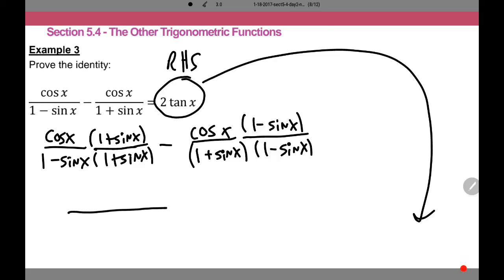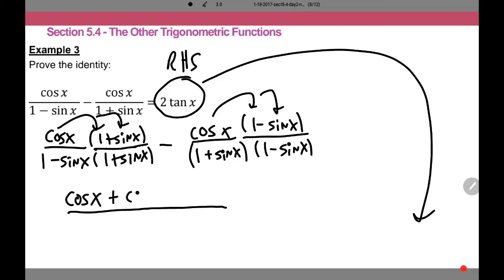I'm going to do a couple things. Number one, I'm going to multiply this cosine in here and distribute on both of these fractions for the top. So that gives me cosine of x plus cosine of x sine of x. Now you have to remember when you're doing this that the second fraction is subtraction. So I've got a minus cosine of x that I'm multiplying by 1, so that's minus cosine of x.